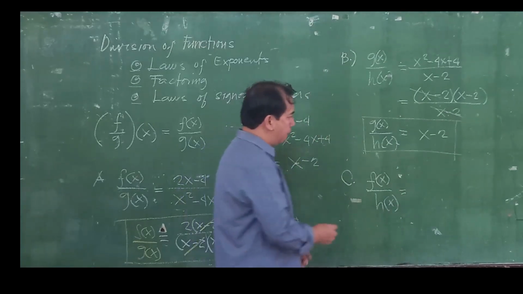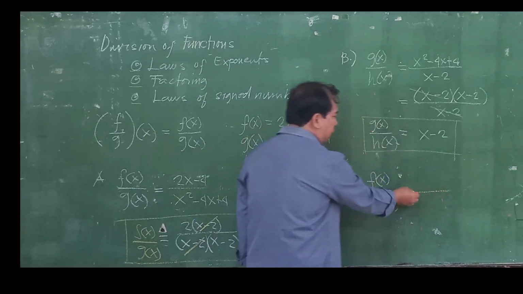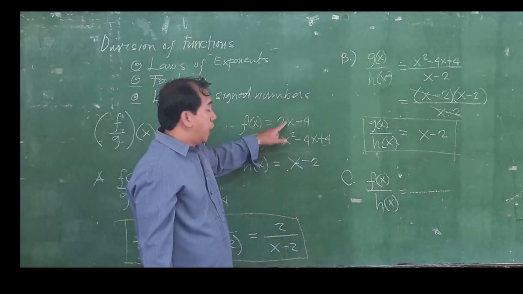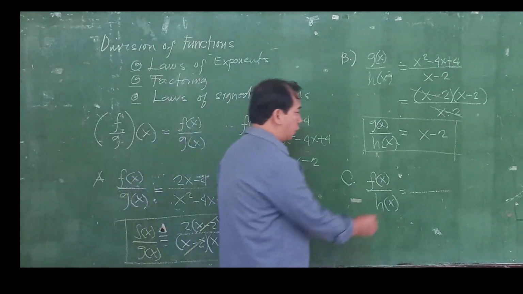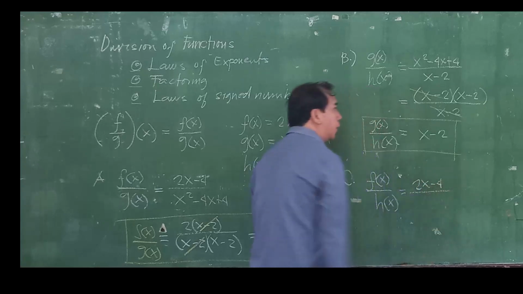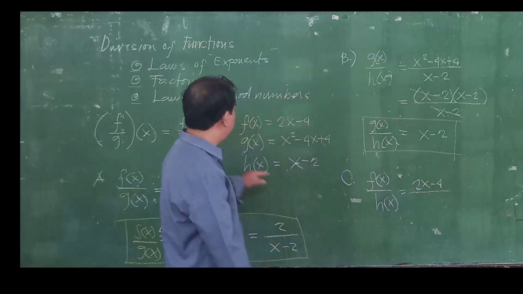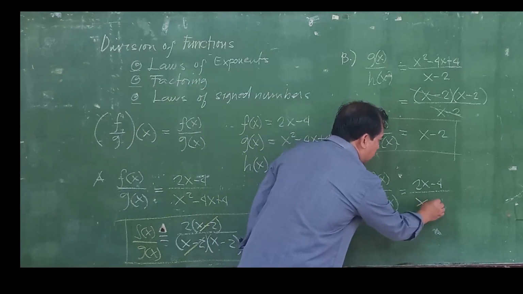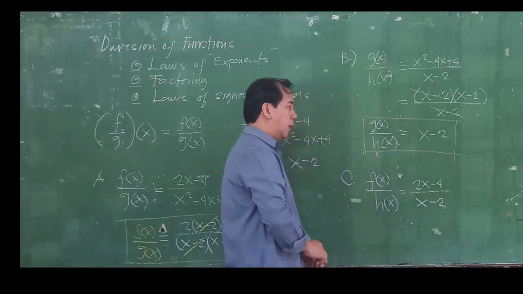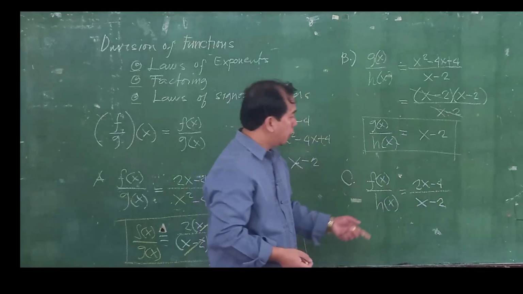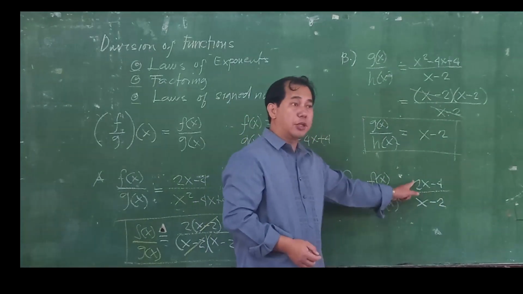Again, let's try. What is the definition of f of x? 2x minus 4. Now what would be the definition of h of x? x minus 2. You notice that what we will be factoring is only the numerator.